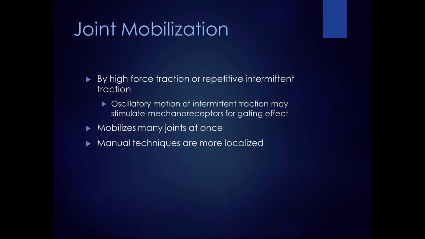That oscillation can stimulate those mechanoreceptors to produce a gating effect. When you're using mechanical traction, it's very difficult to localize the mobilization to a single joint. So you're mobilizing many of the joints at once. You can use manual joint mobilization techniques on the spine and on other areas to get a more localized effect.